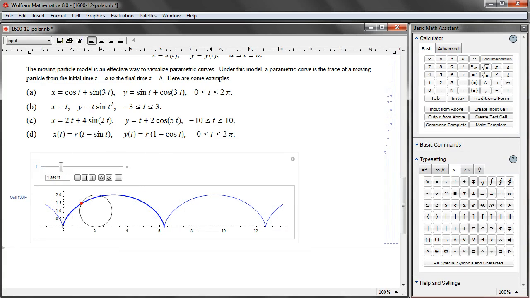And it represents a trace of moving point, that red dot, on a rolling circle. And each arch is, t is moving from 0 to 2 pi, 2 pi to 4 pi, 4 pi to 6 pi. Those are going to be arches. And this class, the cycloids, are associated to some historically important problems like brachistochrone problems or things like those. And there are good explanations written in our textbook, so please go ahead.